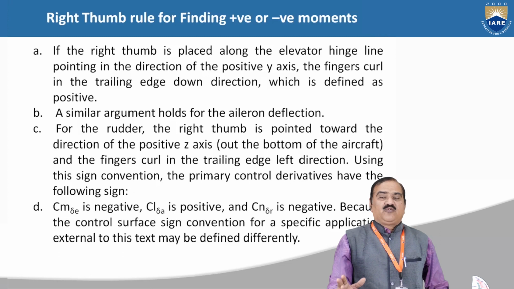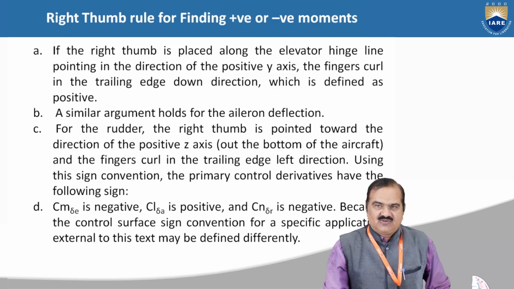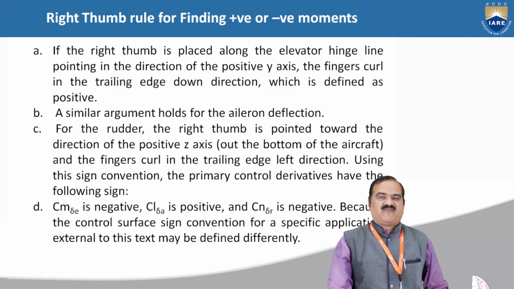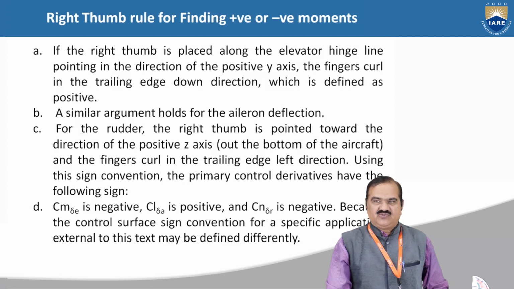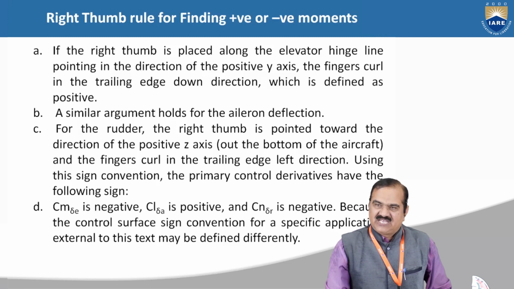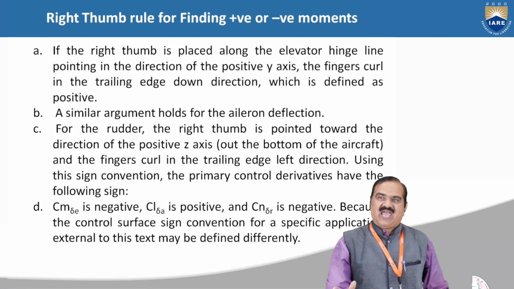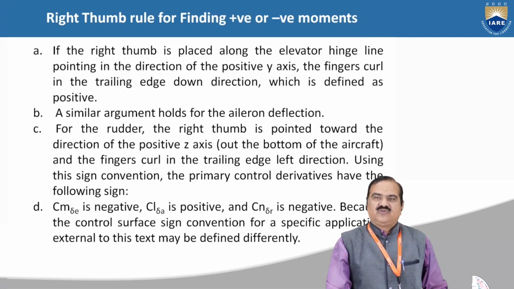So for longitudinal static stability, Cm delta E should be negative. For rolling stability, Cl delta A should be positive, and for the yawing moment, Cn delta R should be negative. So these are the three primary derivatives, and they should be positive or negative. As per that, we can define whether it is stable or not stable.